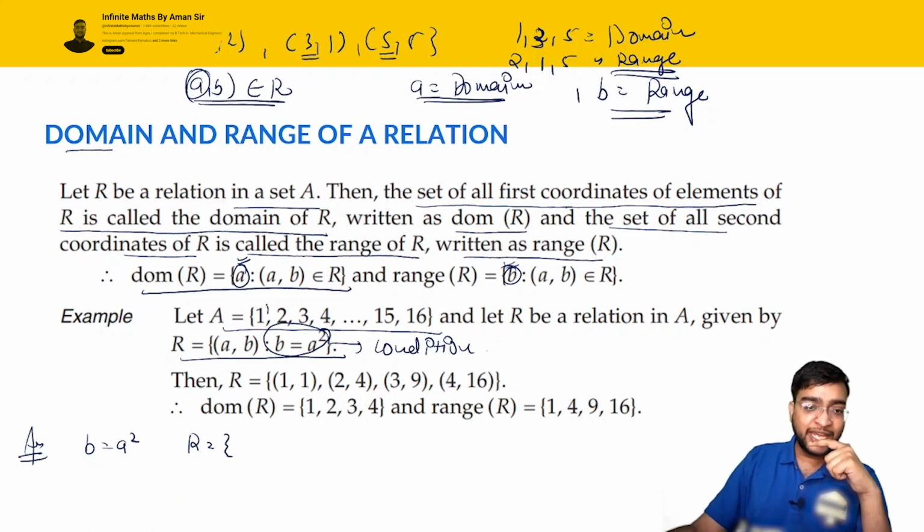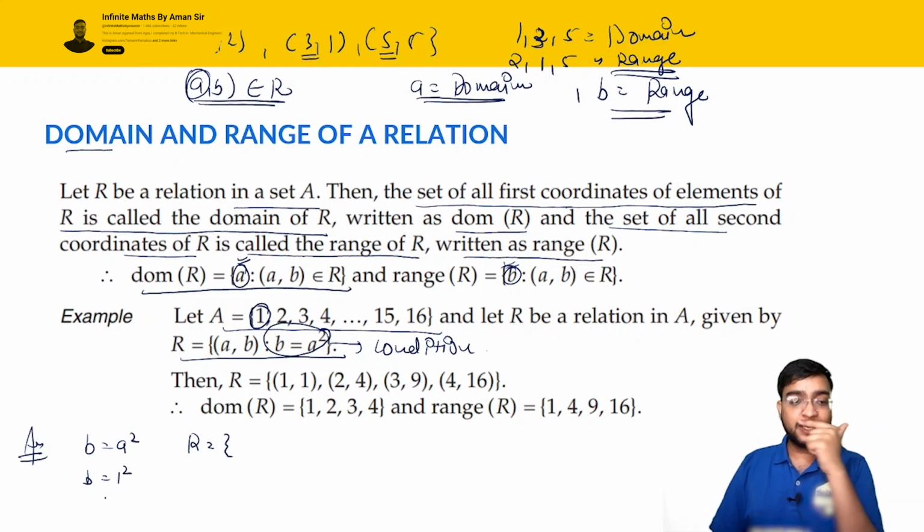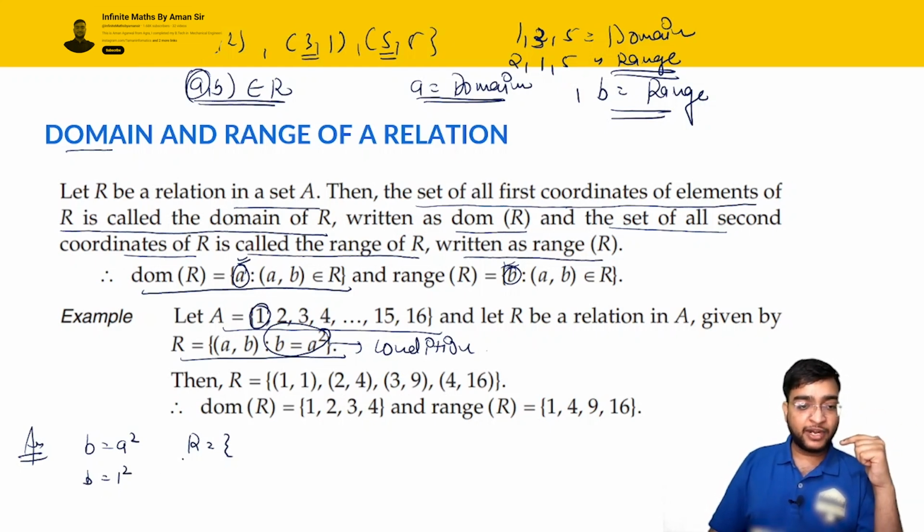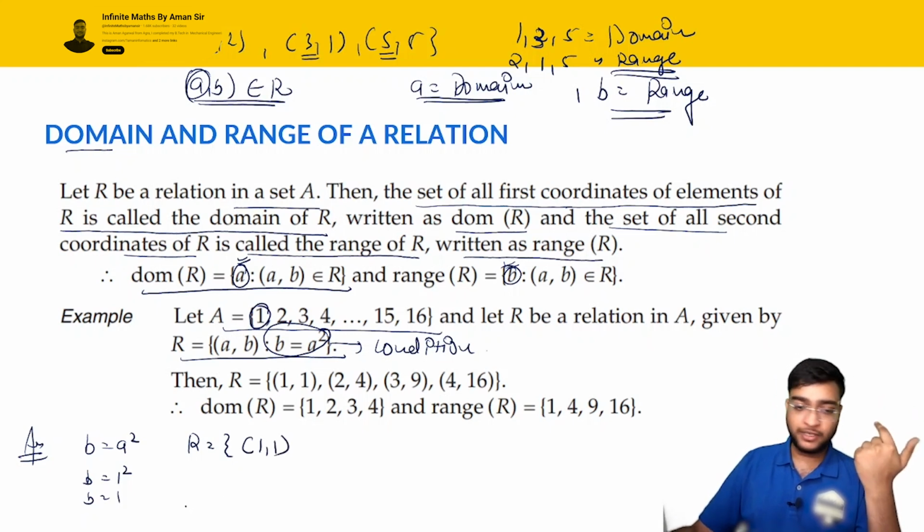So if I take a = 1, then b = 1 square, which is also 1. For this example, if I take a = 1, the pair should be (1, 1). No problem, sir.